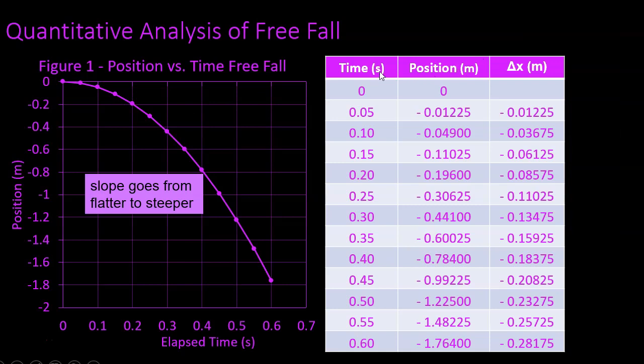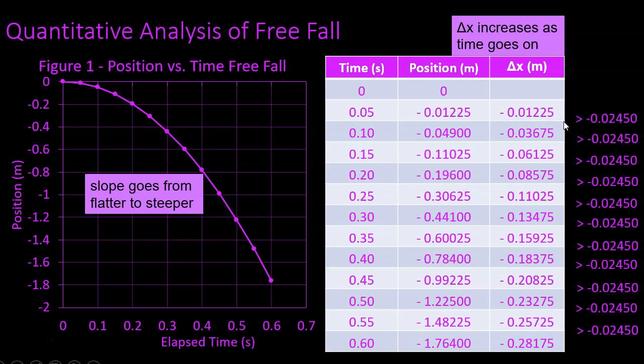If we look at the time versus position chart, we can see the position every 5/100ths of a second. And notice that the displacement, delta x, increases as time goes on. It was just over 1 centimeter here, or 12 millimeters. Then it increased to 36 millimeters, 61 millimeters, 85 millimeters, and so on.